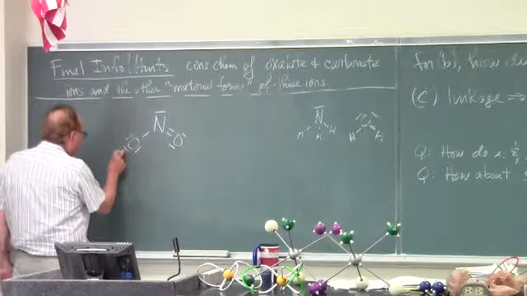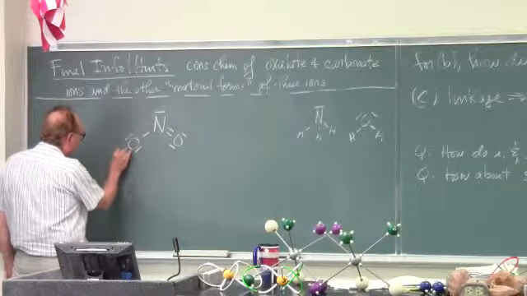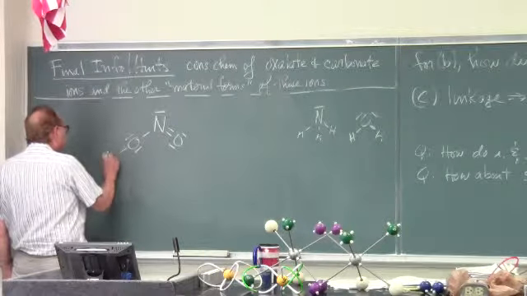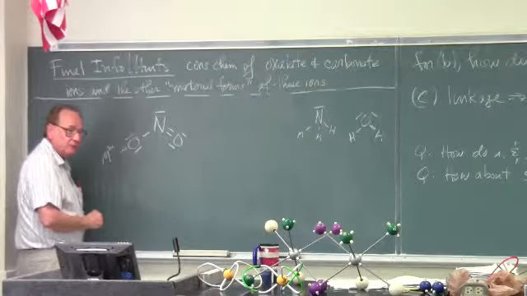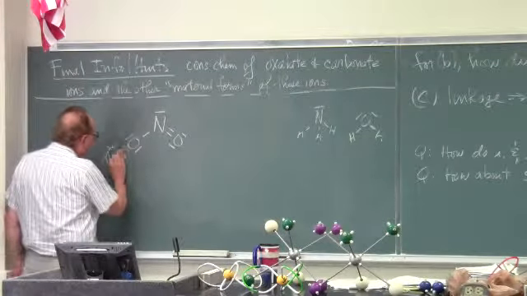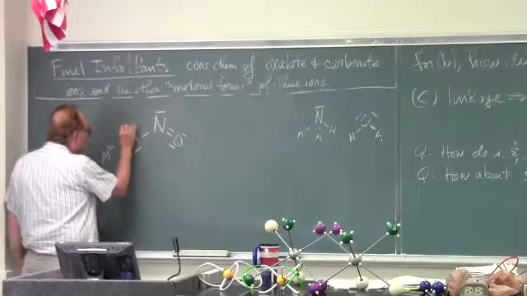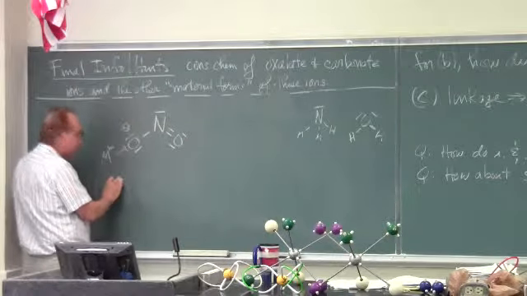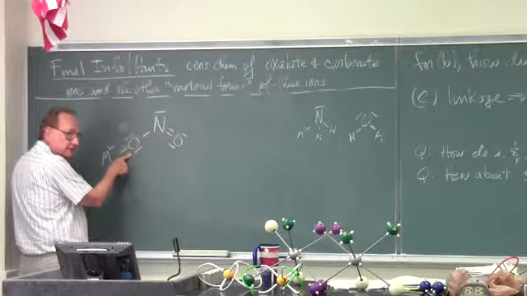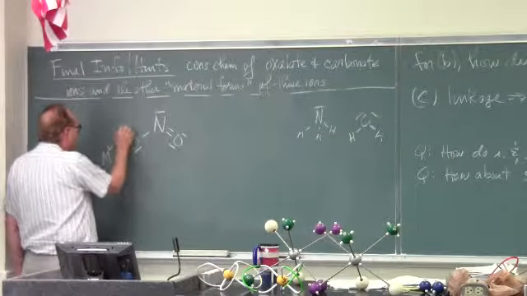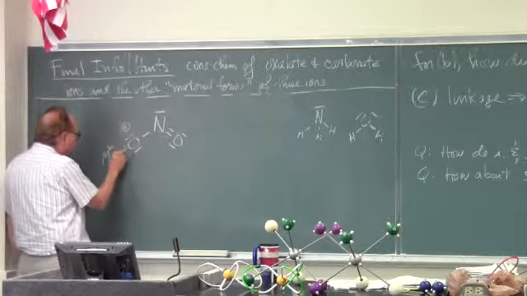For example, if one of these non-bonding pairs becomes a bonding pair, here's my metal, Mn+. If I now do formal charge analysis, when the oxygen has 3 non-bonding pairs, its formal charge is -1. But after bond formation takes place, what's the formal charge on oxygen? 0. And now what's the formal charge on the coordinated metal?